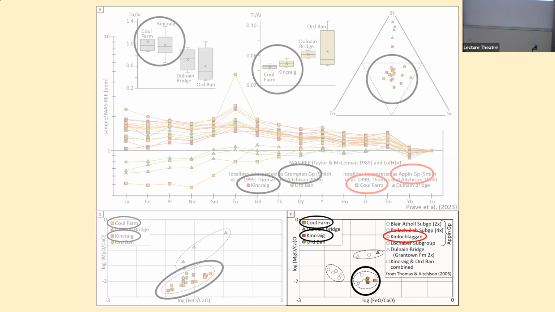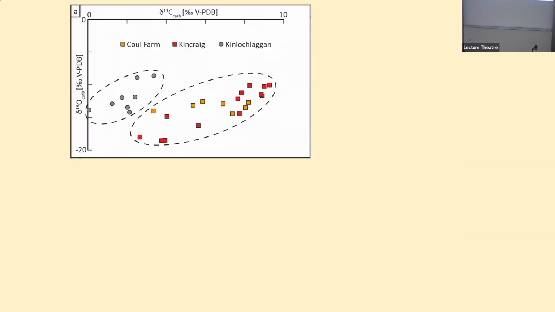And so if we do carbon isotopes on those particular limestones, in the plots that you see here, the x-axis is delta C13, the y-axis is oxygen 18. There is this differentiation fairly nicely, statistically significant as well, in terms of identifying Cool Farm and Kincraig, and Kinloch-Login sitting off by itself.